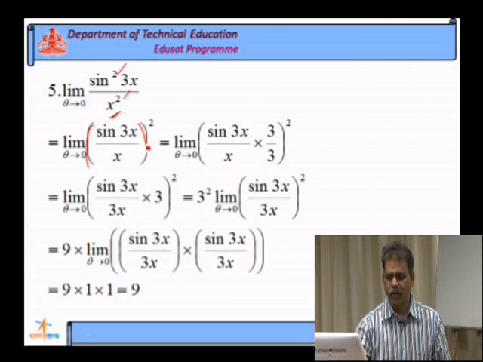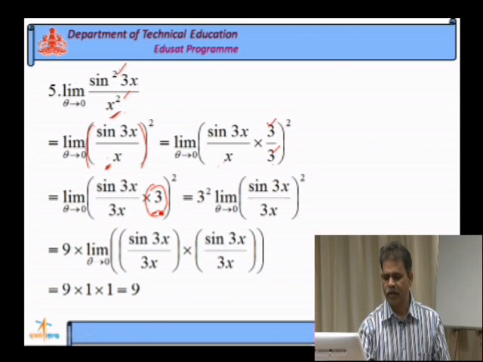Inside the bracket we have sin 3x divided by x. To make this into standard form, here I need 3x. Therefore, inside the bracket you multiply and divide it by 3. This 3 is taken here. Therefore, it becomes what? Sin 3x divided by 3x into 3.